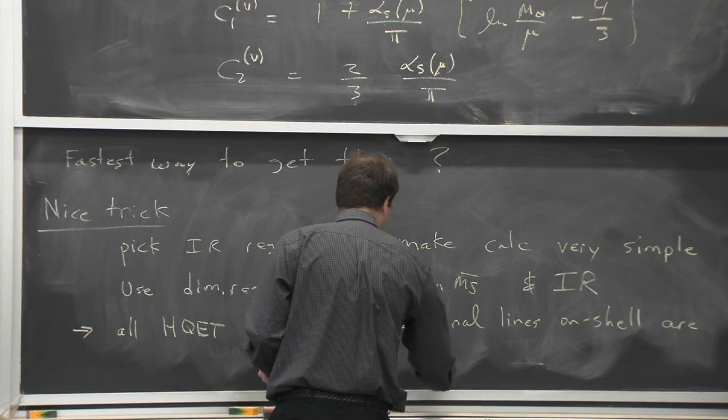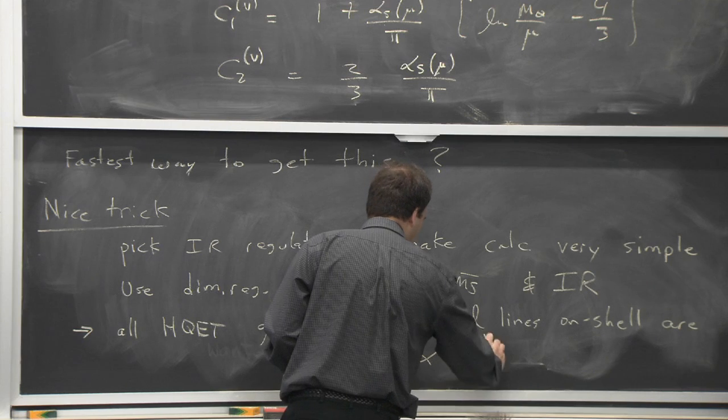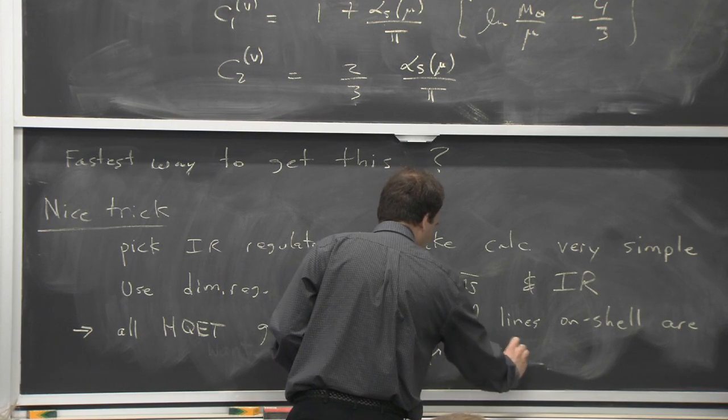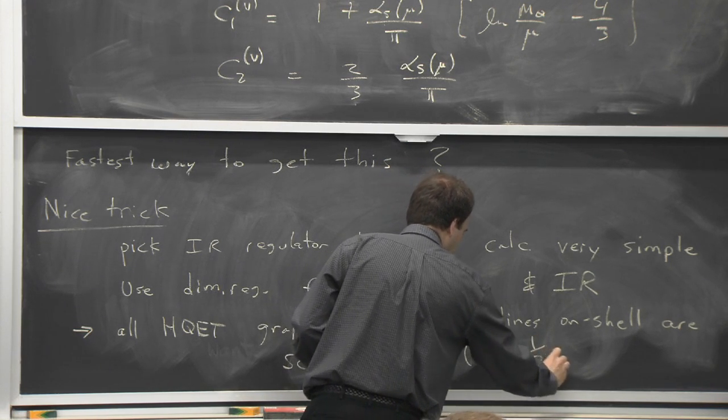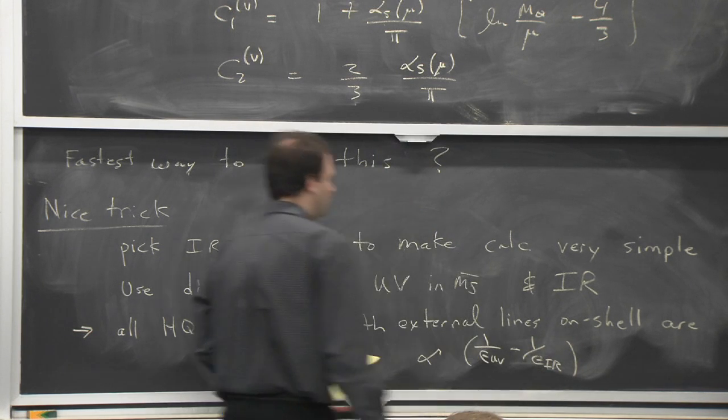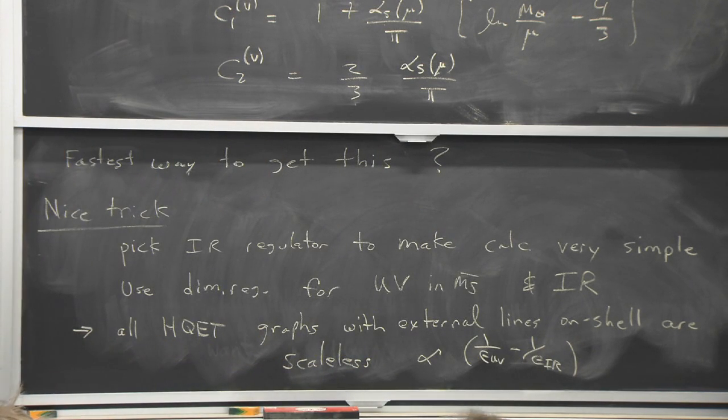And that means that they come out to be something that, if you think about it, is either 0 or 0 in a way where you have an ultraviolet divergence canceling an infrared divergence, which is still 0.